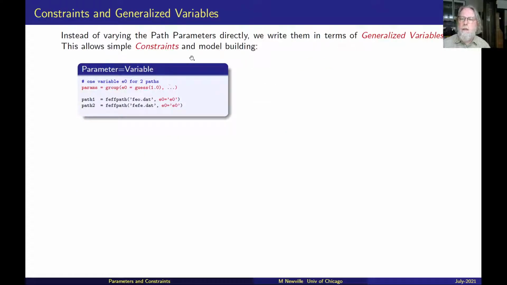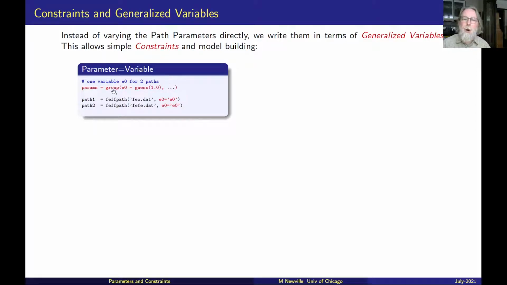So in Larch and Artemis and all the other programs in this family of analysis tools, the path parameters are not directly in the fit. The N, R, and sigma squared are all written as mathematical expressions of generalized variables, which allows us to have simple constraints.